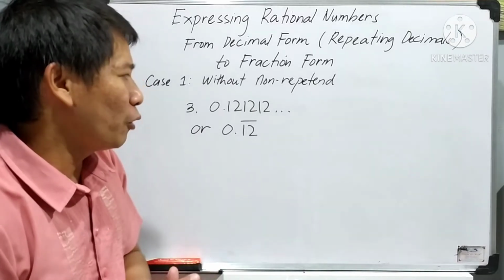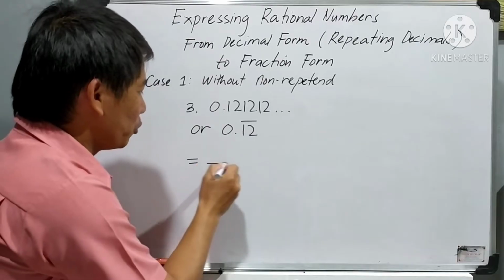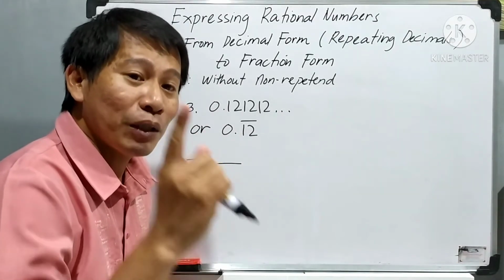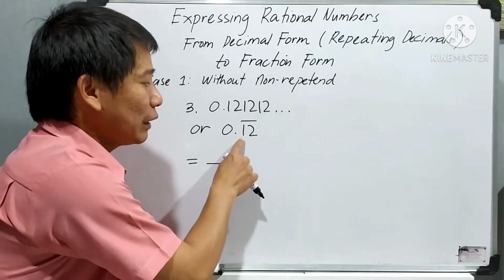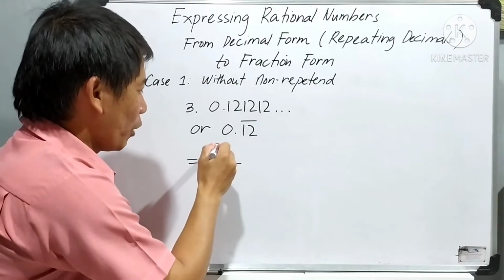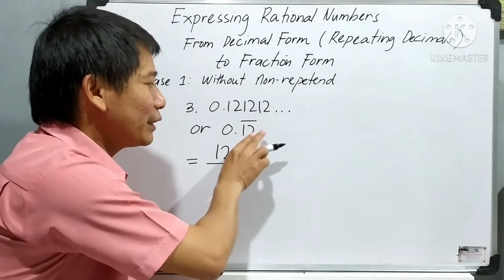So, how are we going to express it as a fraction? So, we'll have our numerator, just like what we did in the previous examples. Ang pinaka-numerator nyo, yung repeating digits. So, 12. So, therefore, we have here 12. At this point, 2 ang repeating digits natin.